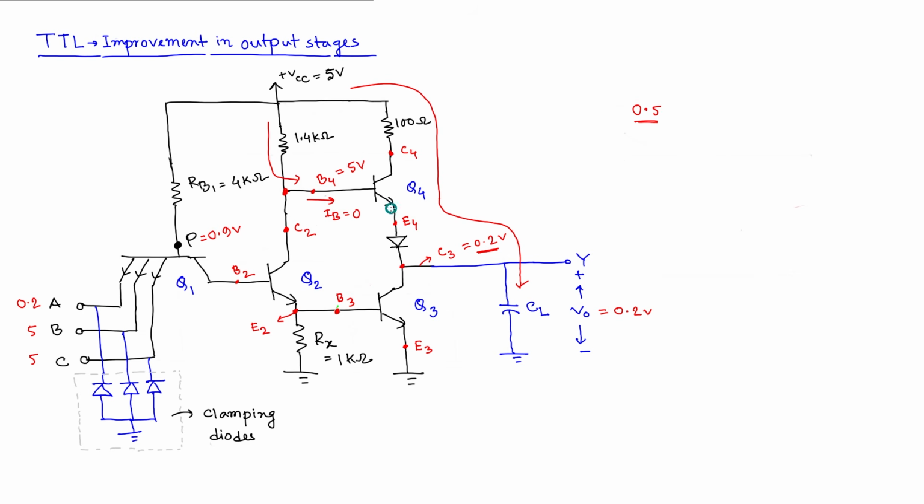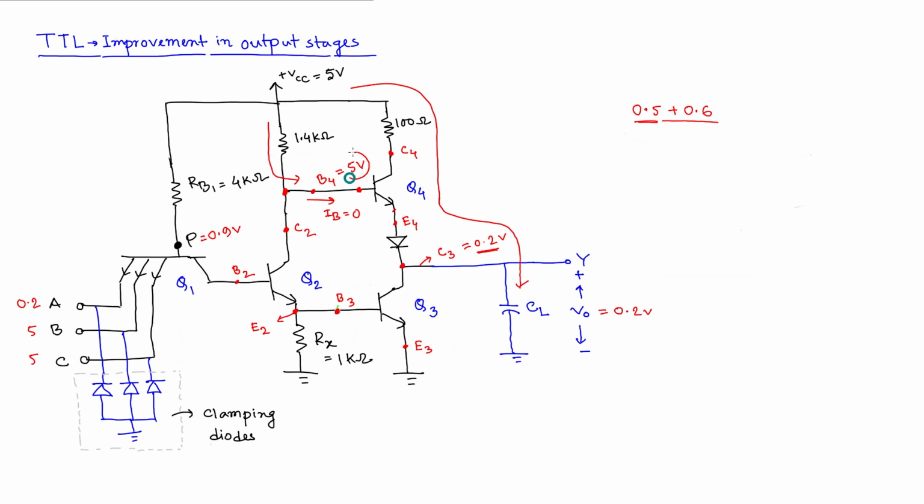And for the transistor from base to emitter, if we have 0.7 volt, it's in active mode. So slightly lower than that is 0.6, right? This is the maximum voltage we can have across the base to emitter junction of Q4 until it starts to conduct.